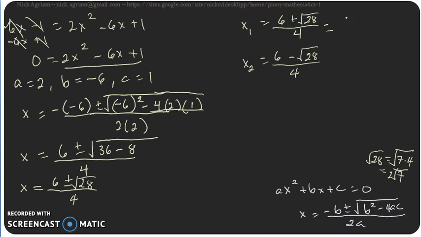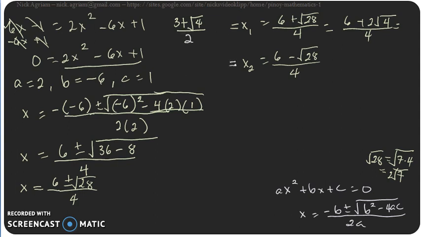So if I write here now 6 plus 2 square root of 7 divided by 4, and then simplify that, I have 6 divided by 4. If we divide both numerator and denominator by 2, then we have 3 plus square root of 7 divided by 2.